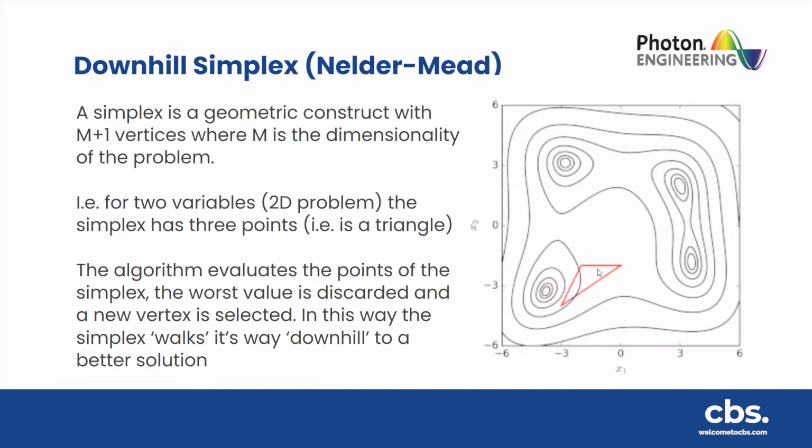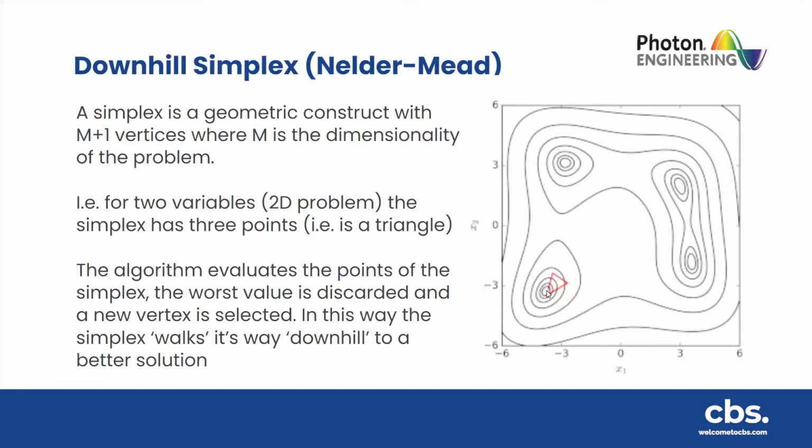This little illustration shows optimization taking place in a 2D variable space. We can see how the simplex is a triangle shape, and generally speaking, this triangle walks around and walks downhill to this local minima, which happens to be in the bottom of this valley here.